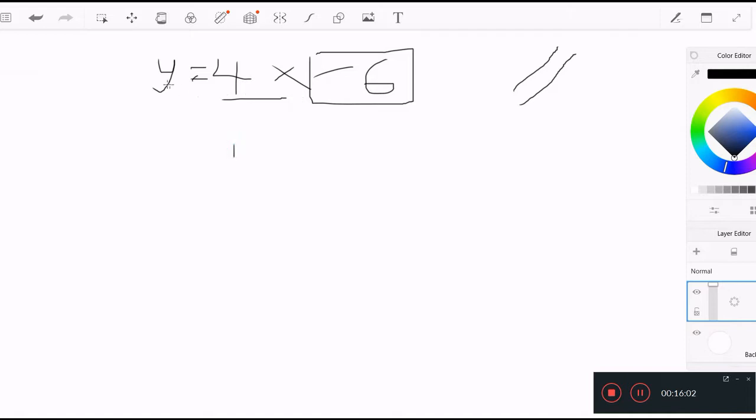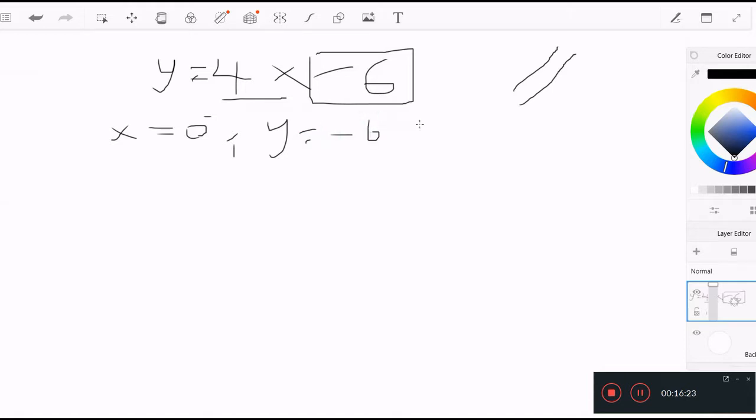So let's say you have the linear function over here. I need to find out: let x equal 0, you get y equal to -6.